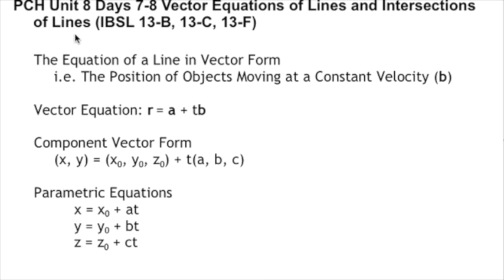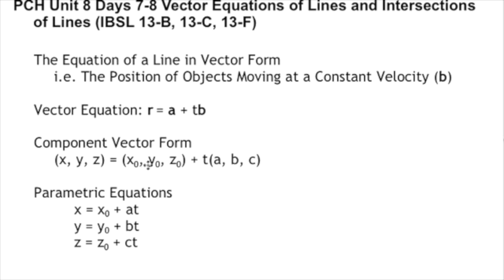Now let me just remind you of our basic vector equation. The vector r is our position at any given time, and that equals the starting position, or the position at time 0, plus time times b, which is our velocity vector. And we're considering a constant velocity. In component vector form, this equation would be our position vector x sub naught, y sub naught, z sub naught, that stands for when time is 0, plus t times the velocity vector a, b, c.